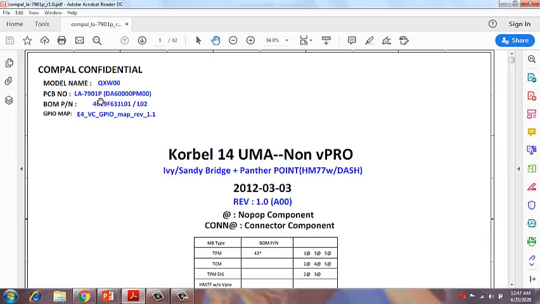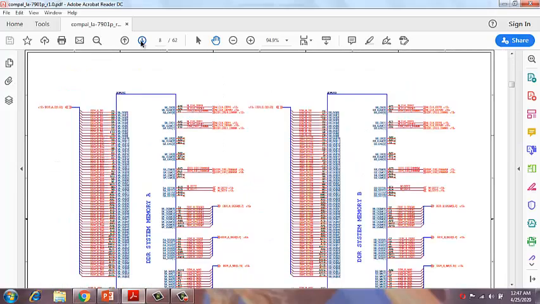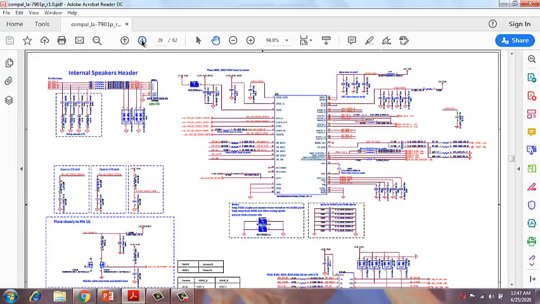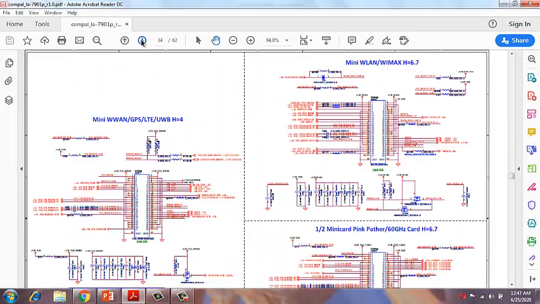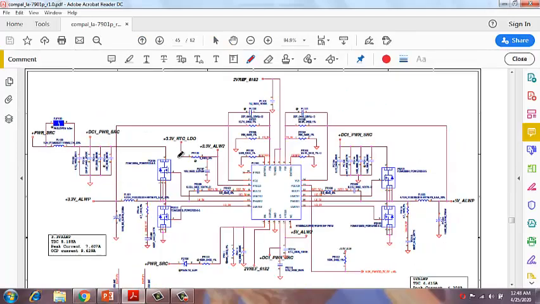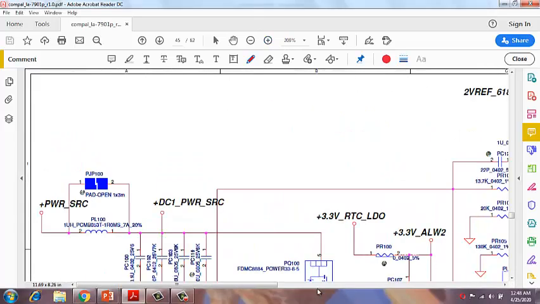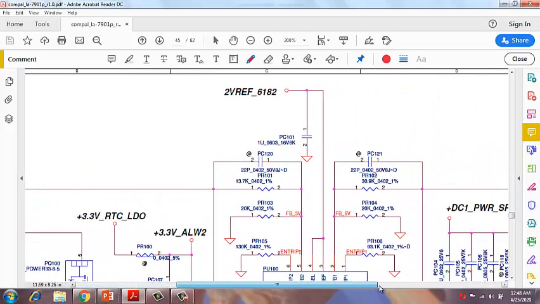The 3 volt and 5 volt section is normally on the last few pages. So we'll scroll pages like this. So this is the 3 volt and 5 volt section. So I'll zoom it. I'll show you how this thing works.